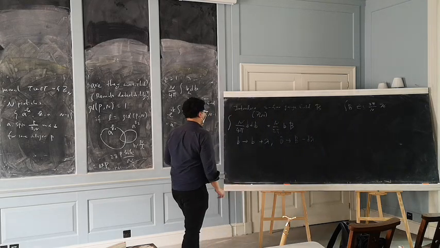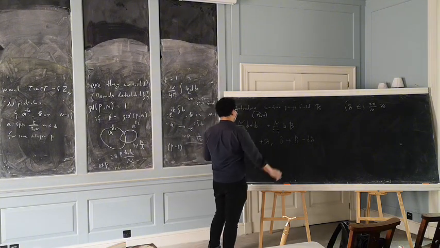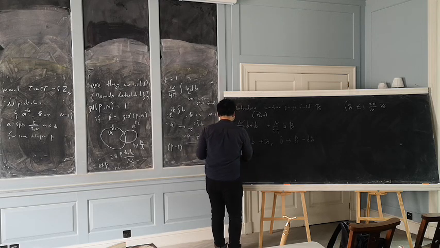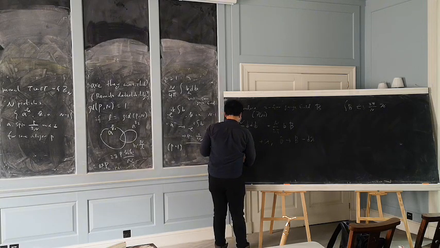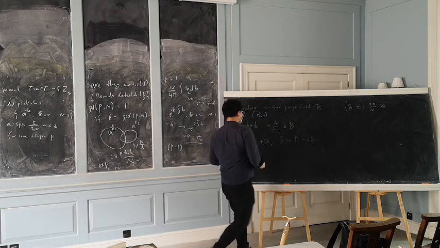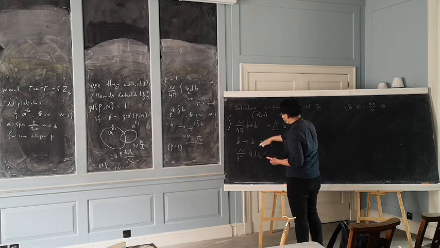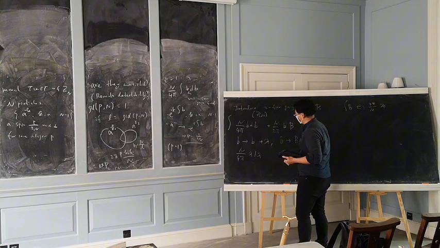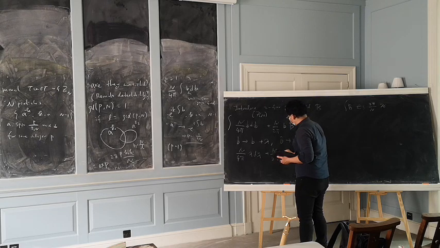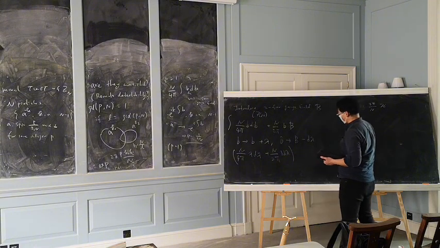But you can immediately see that under the transformation, no matter what kind of transformation you use, the action is not invariant. In particular, there's going to be a term which is N over 4 pi lambda d lambda. Let me just do it slowly. If you perform this transformation, you get this term, and then N over 2 pi b d lambda. That's from the transformation of the first term.